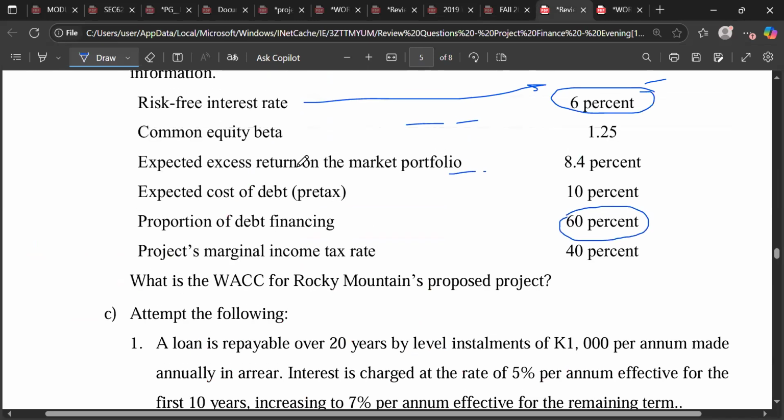Excess return just looks at the return above the risk-free rate. Yes. So the catch word is the excess return. Exactly, yes. Are we okay now? All right.